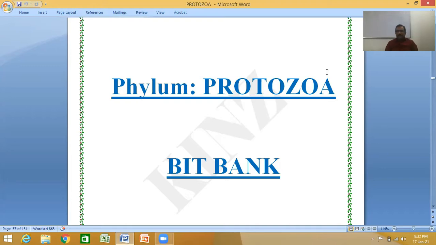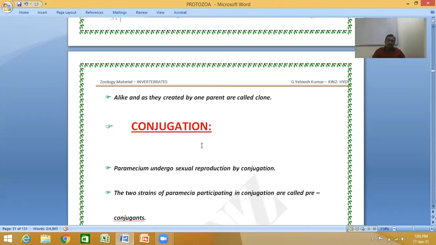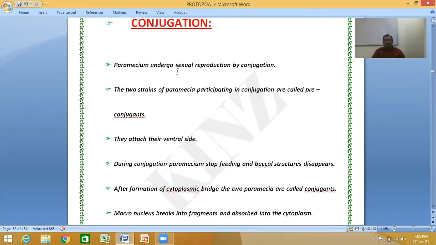Now, conjugation in Paramecium, the sexual mode of reproduction in Paramecium. Most important topic. Paramecium undergoes sexual reproduction by conjugation. The two strains of paramecia participating in conjugation are called preconjugates.